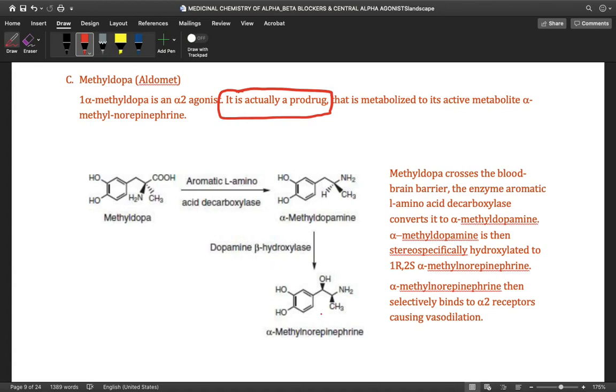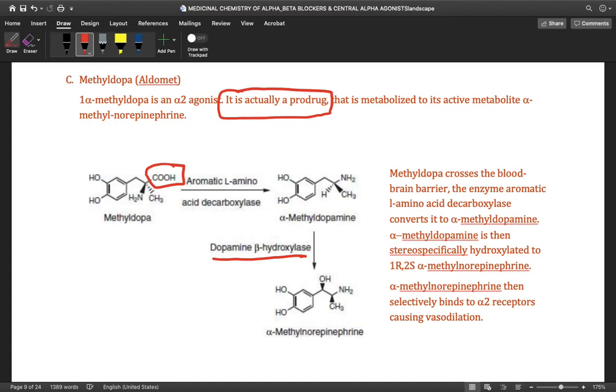Again, remember I talked to you about some of these enzymes that are going to come back. You have aromatic amino acid decarboxylase here. That's going to remove the carboxylic acid. Okay. Then you have dopamine beta hydroxylase. That's going to install a hydroxyl group at this position here.